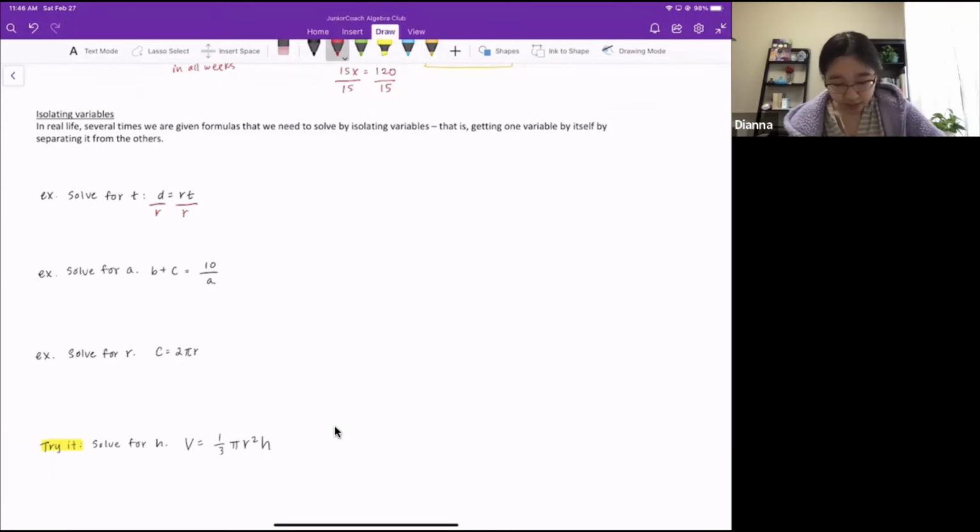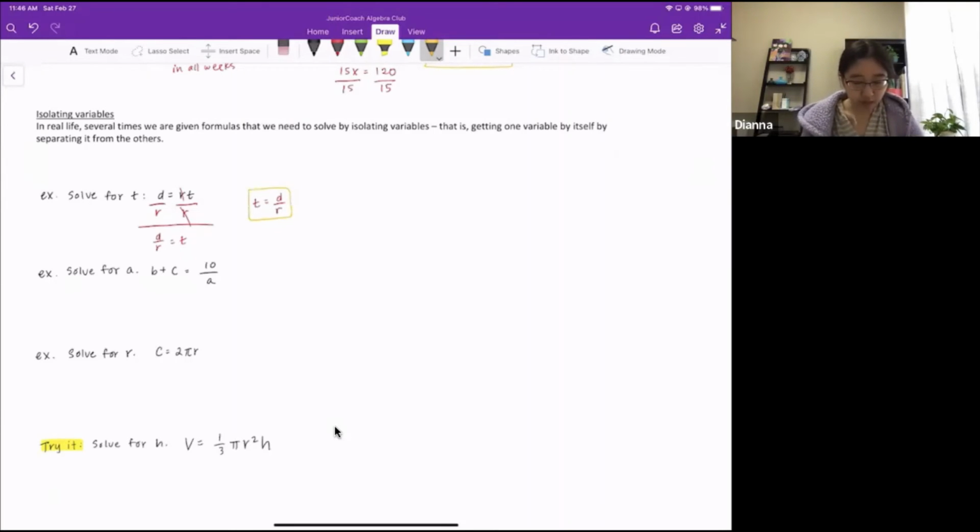If we divide by r, this r goes away. So the t becomes by itself. d over r equals t. So t equals d over r. That's all I had to do for this problem. All I had to do was divide both sides by r. So hopefully that makes sense.